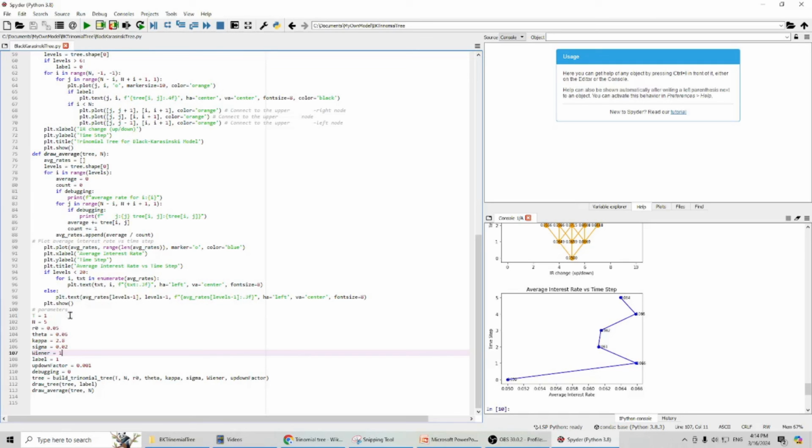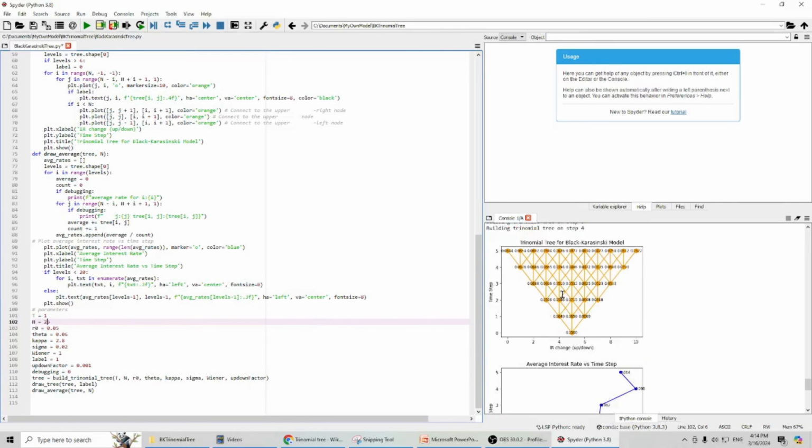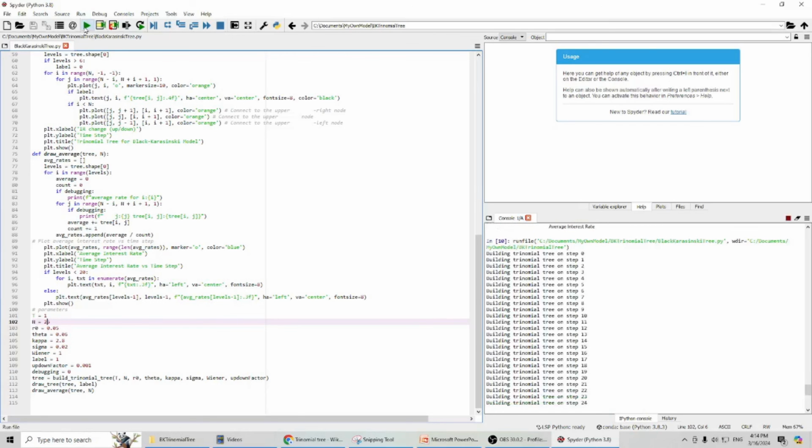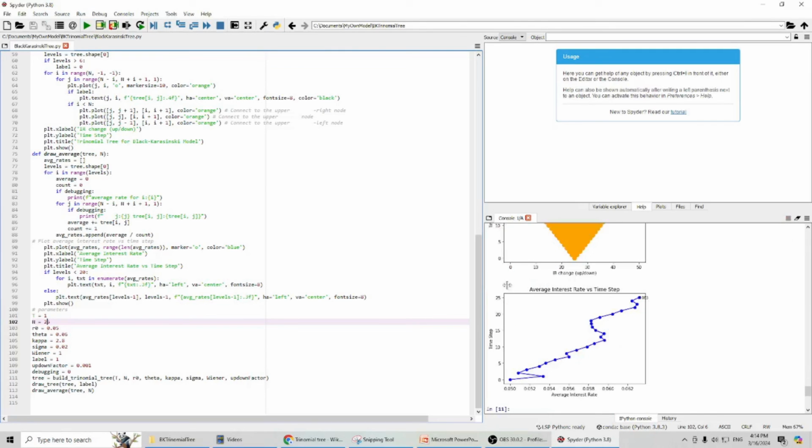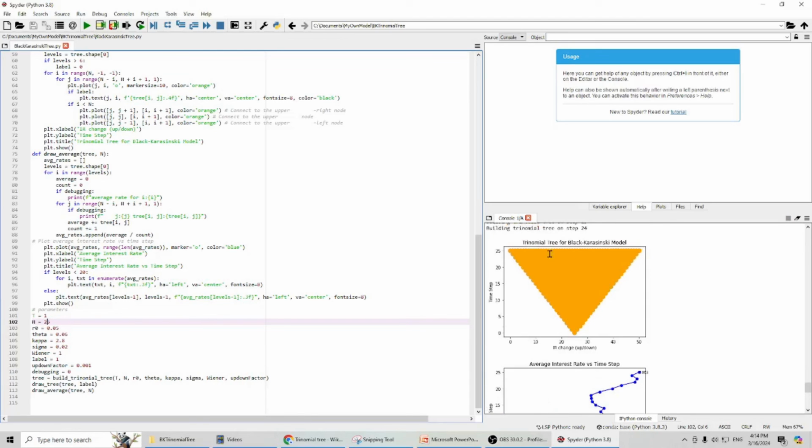Okay, how about we increase this n? If we put like 25 here, because now we only have like 1, 2, 3, 4, 5, right? If we put 25, it will take longer time. You can see it shows something like this. Basically, it's so many data points.